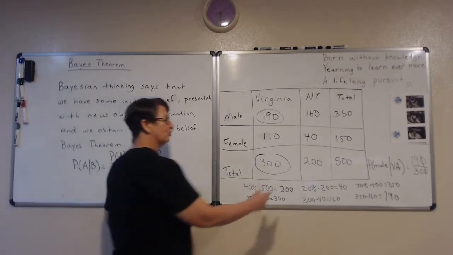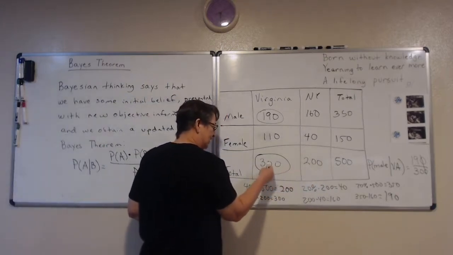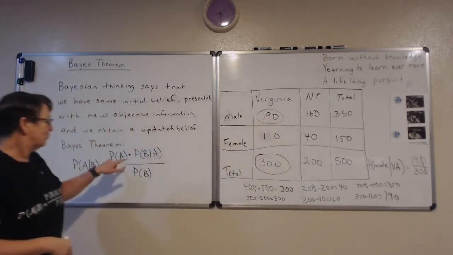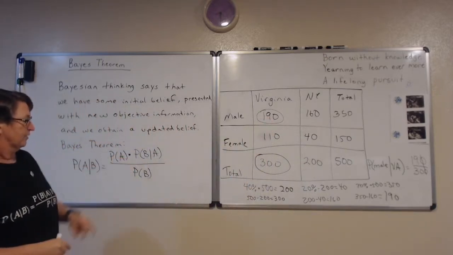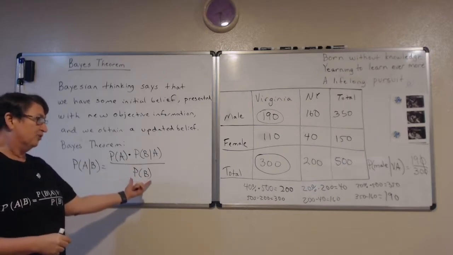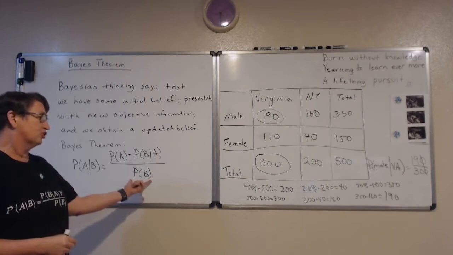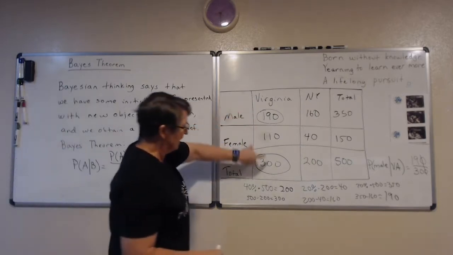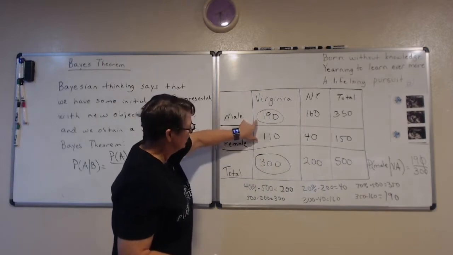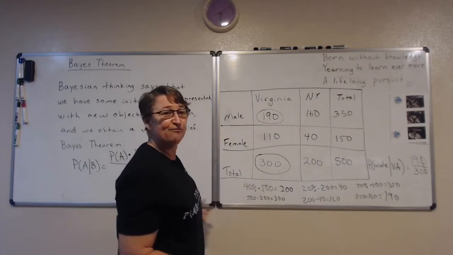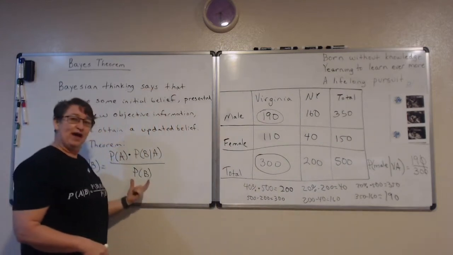So in other words, we had to do the Virginia and the male, and that's what we put on top. Then on the bottom, we put the probability that they were from Virginia. Notice that to get this probability, we actually had to add two things together. And if we were using it, we would have to do that as well.